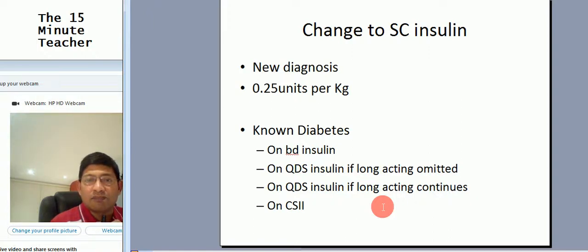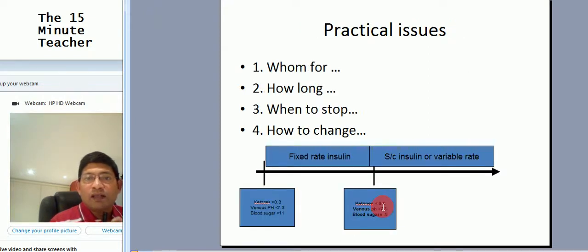Most patients with type 1 diabetes will go onto a basal bolus regime, which the diabetes team can supervise. So it is important to remember that the fixed rate insulin regime is only for the duration of ketoacidosis. If the patient is not ready to take oral food after that episode of ketoacidosis, you may wish to continue with subcut insulin at a variable rate.